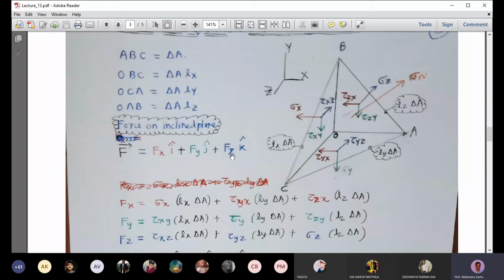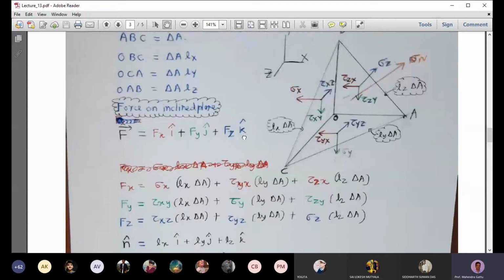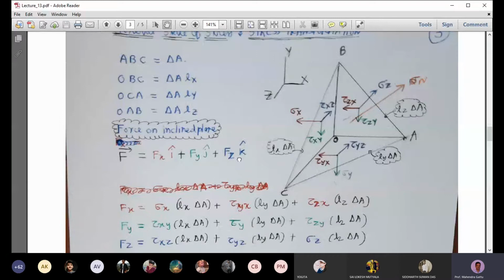So Fx, Fy, Fz are 3 components, each one acting along that particular axis. This force is balanced by the stresses acting on these planes OAB, OBC, and OCA. So we can find the Fx, Fy, and Fz values individually by force balance.